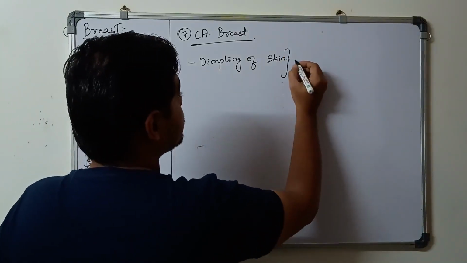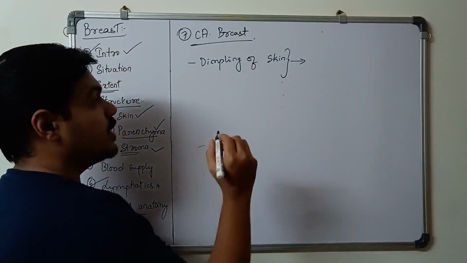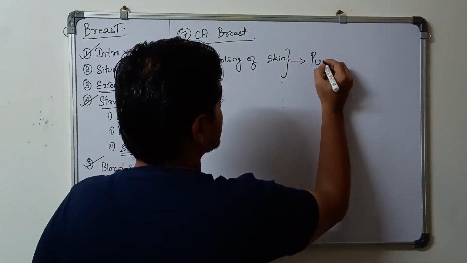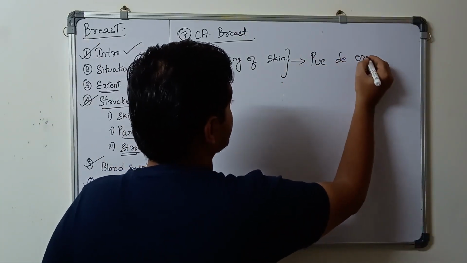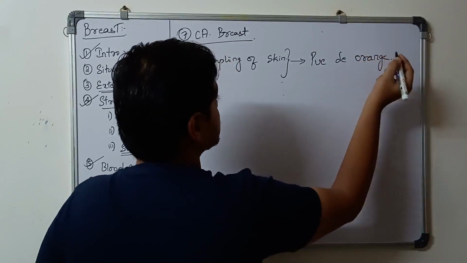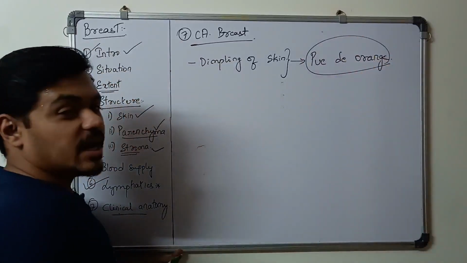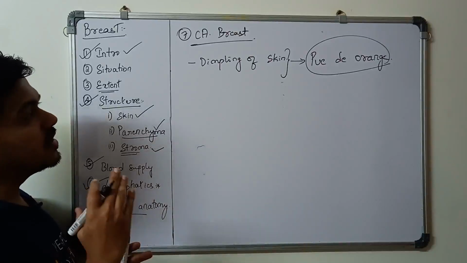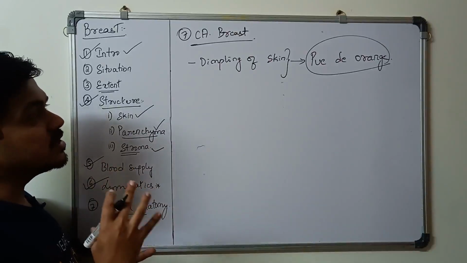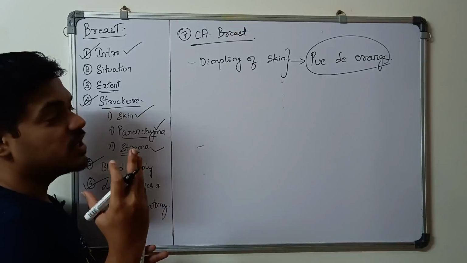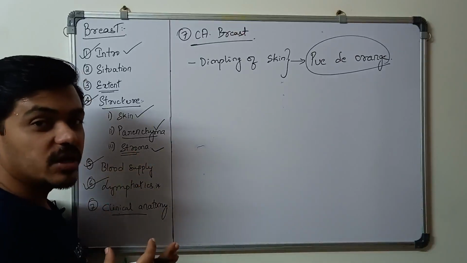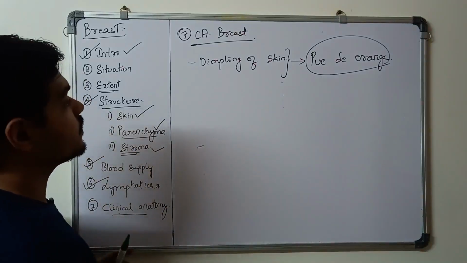So as a doctor, when you observe the skin, you will find what is called the peau d'orange appearance of the breast. The breast appears like the skin of an orange, which has dimplings all over it. This is because of the invasion of the suspensory ligaments of Cooper by the tumor.